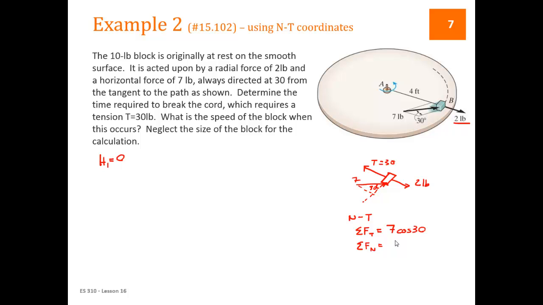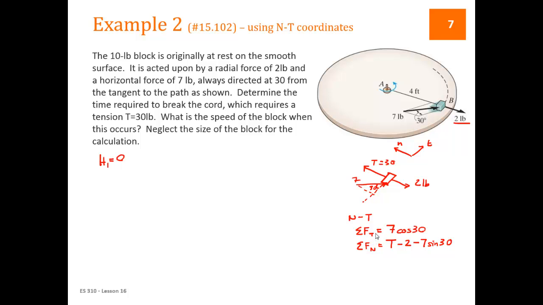Positive direction is towards the center, right? Oops, sorry, they're switched. That's the positive t, and this is the positive n. So in the normal direction, we have the tension is positive, we have a -2, and then we have a -7 sine of 30 as the component of this force that's acting normal to the path.